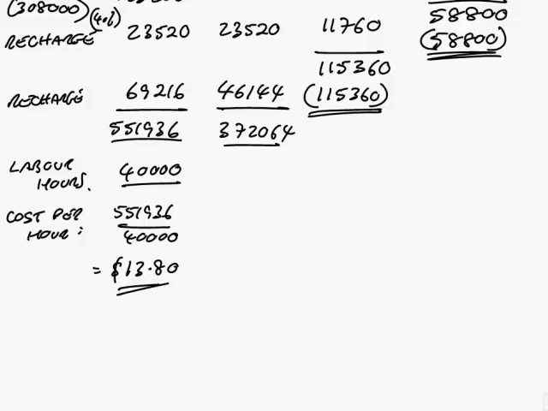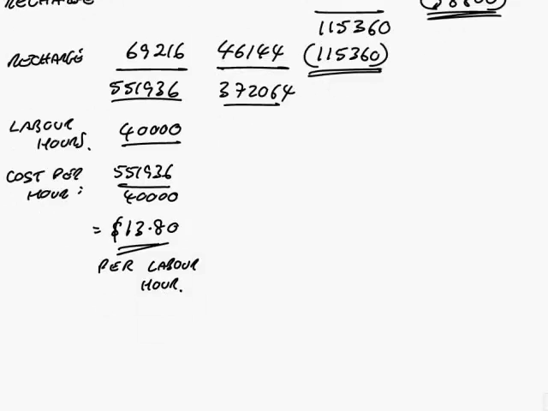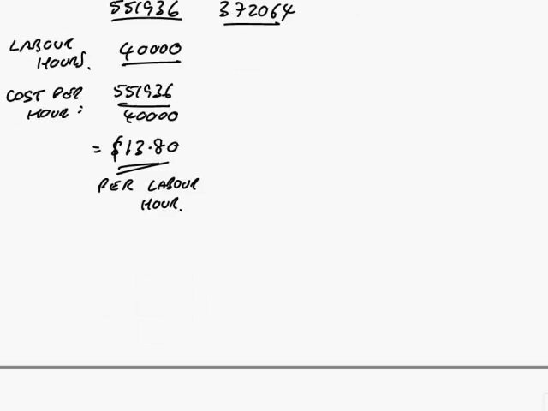Similarly, though, Department B. I hope I hardly need say, but you tell me. What would be the most sensible way of charging in Department B? Labour hours or machine hours? Yeah, since most of the work is on machines, work out a cost per machine hour. There are 60,000 machine hours.